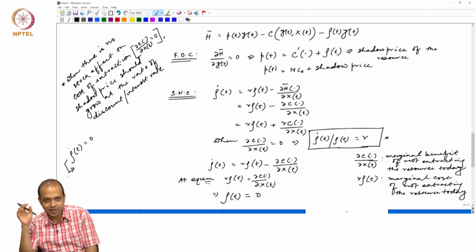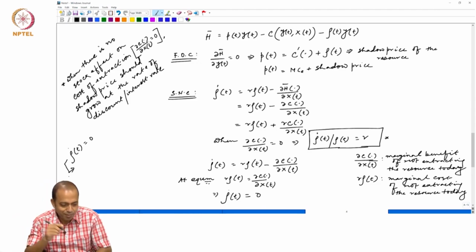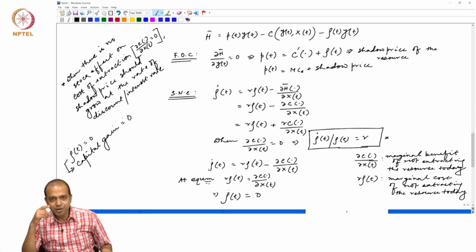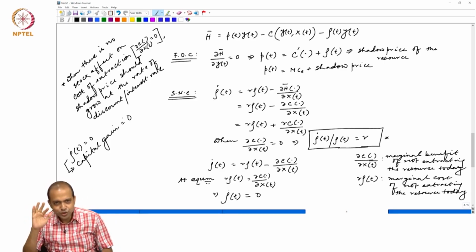So at equilibrium, capital gain is 0. If there is a capital gain, then the resource owner will always try to reallocate the resource from today to tomorrow. Instead of extracting today, they will extract it tomorrow. So then there would be some kind of benefit.